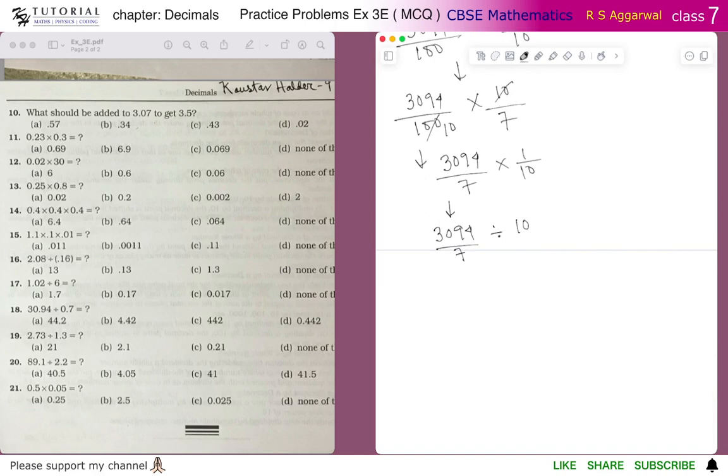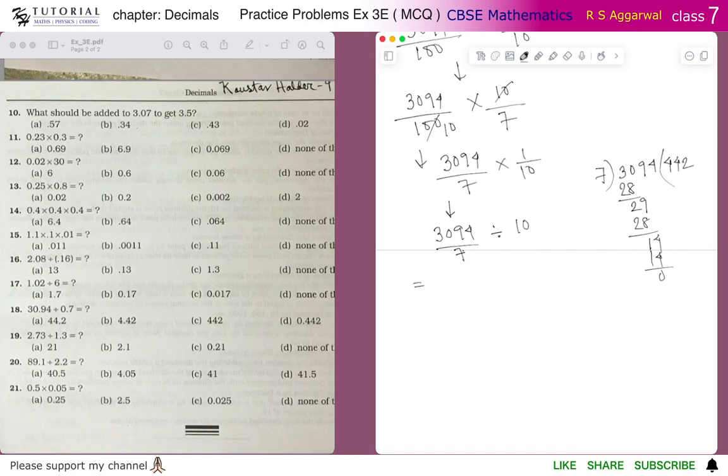Does it divide perfectly? Let me check. 7 into 3094. Yes, it divides exactly.